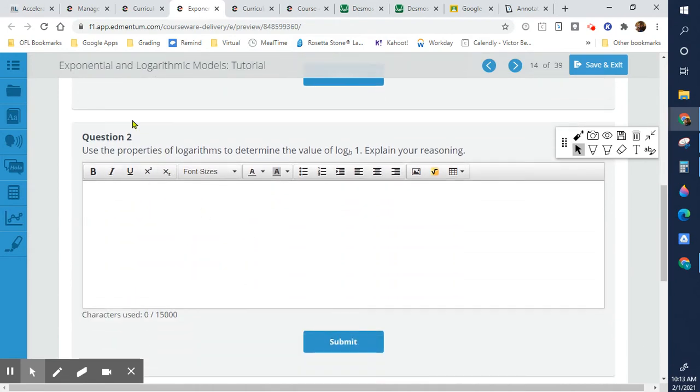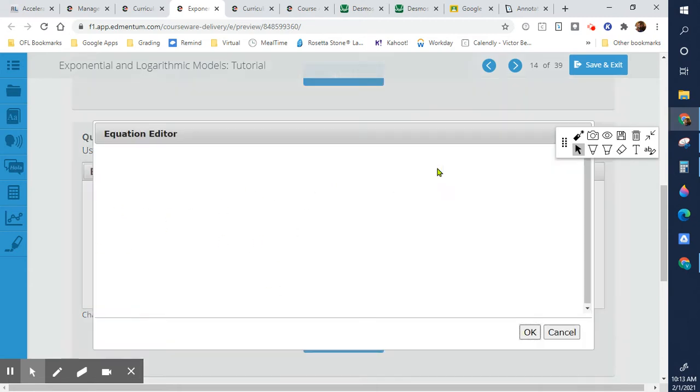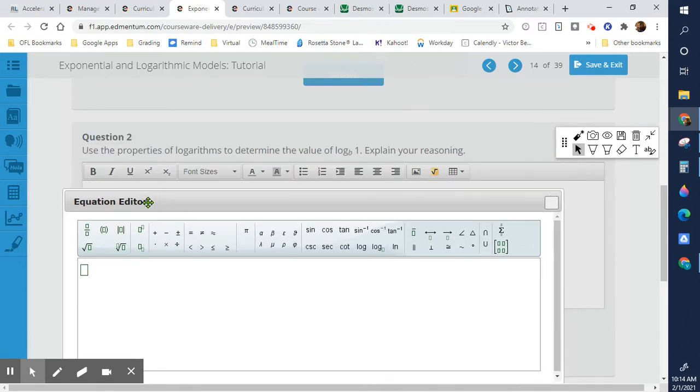So the next one, I'm going to use properties of exponents to determine what this is. I'm going to say, since log sub b of 1 is the same as b to the power of x is equal to 1.